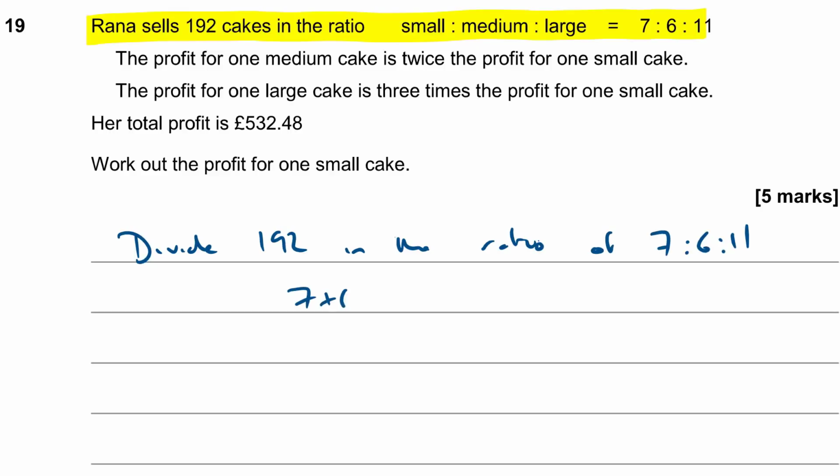So 7 plus 6 plus 11 tells us there must be 24 shares. Then we're going to divide our 192 by 24 to work out the value of each share. 192 divided by 24 gives us an answer of 8. So each share is worth 8.